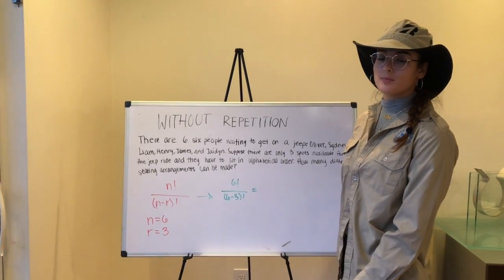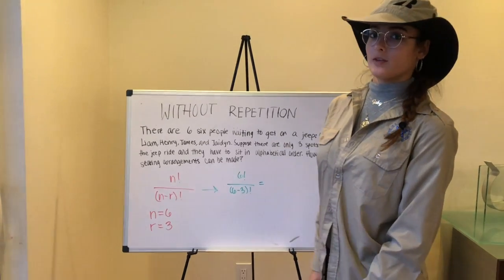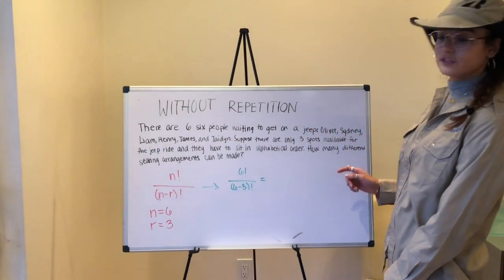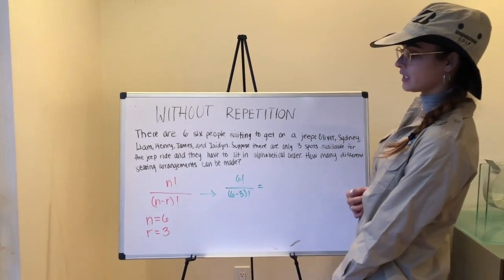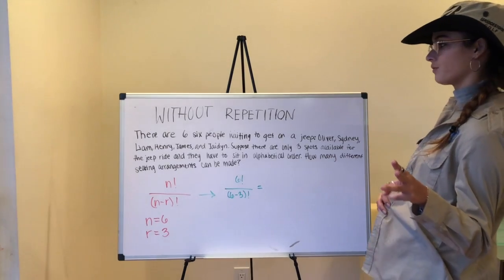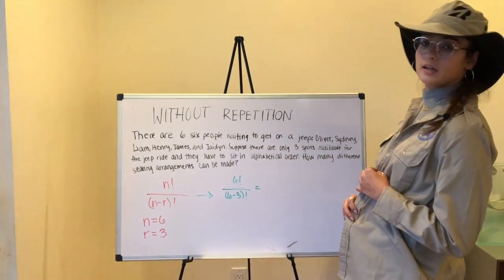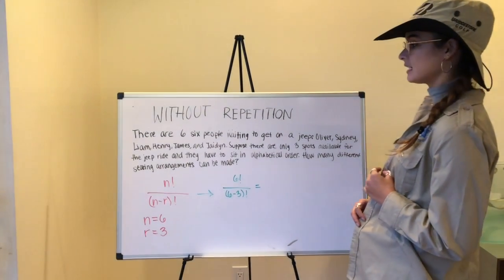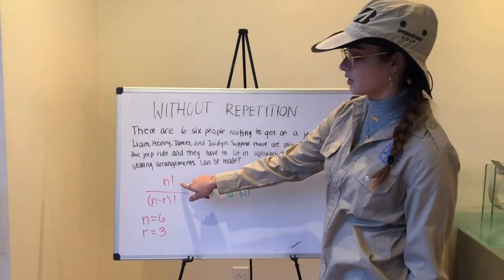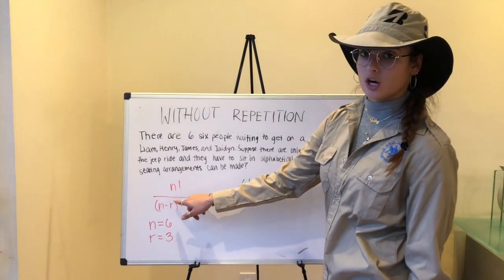Now, an example of permutation without repetition is the following. Given that there are 6 people waiting to get on a Jeep, Oliver, Sydney, Liam, Henry, James, and Jaden, suppose there are only 3 spots available for the Jeep ride and they have to sit in alphabetical order. How many different seating arrangements can be made? The formula that we would use is n factorial over n minus r factorial.